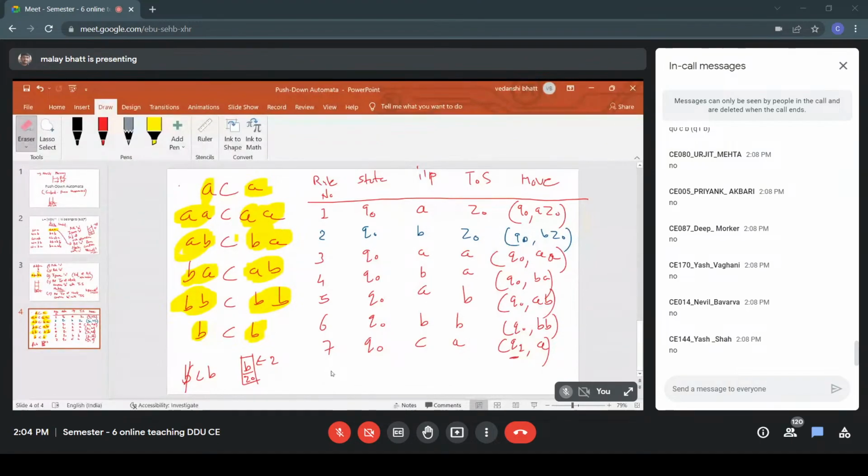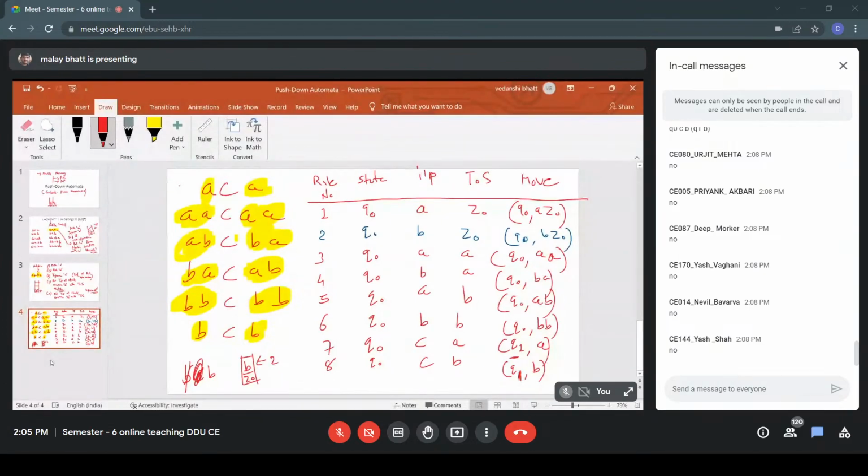We have a rule like rule number 8: Q0, C, B gives Q1, B. So we are able to handle this C also. It is the end of the push operation, and now we can do the pop operation.